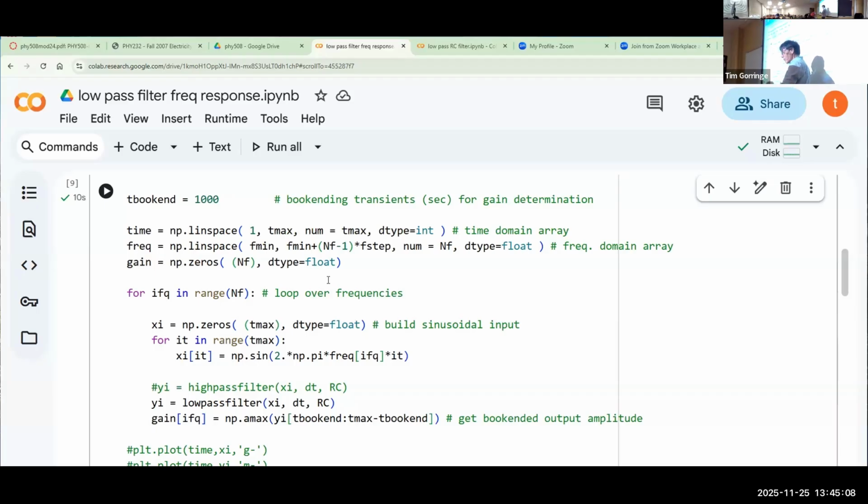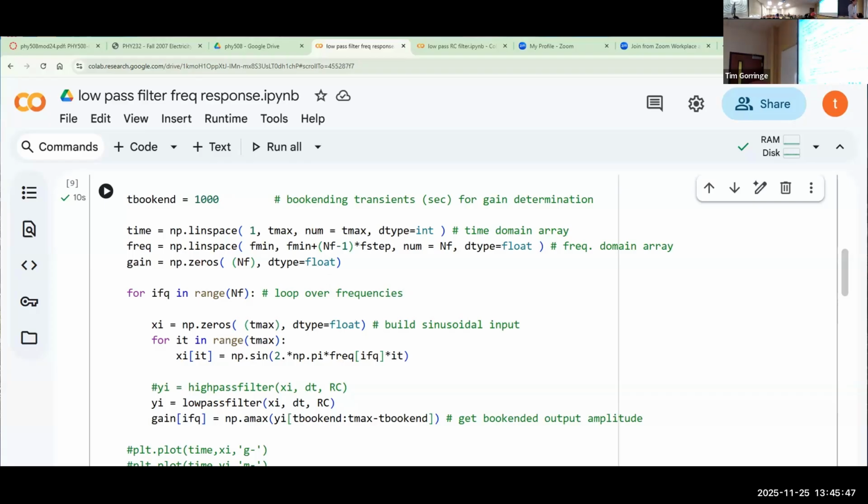And as I walk through the frequencies, I not only calculate the output of the filter based on these different frequency inputs, but this one extra line that I added here calculates the amplitude of the sine wave on the output compared to the amplitude on the input. I put in an amplitude of 1 on the input, and then I calculate the amplitude of the output. And that is the gain. I just calculate the maximum value that I see in the output, so I can interpret that as the gain.